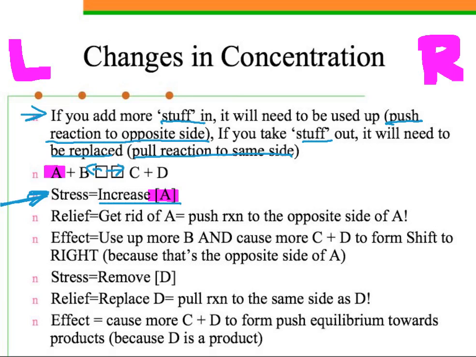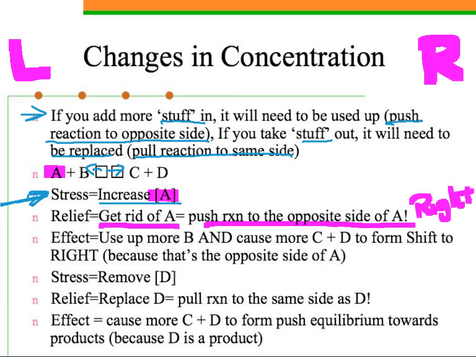Well, here's the stress. We're going to increase A. Here's the relief. The relief of increasing A is to get rid of it. That means the reaction is going to be pushed to the opposite side of A. The opposite side of A is the right. So we will push the reaction to the right.